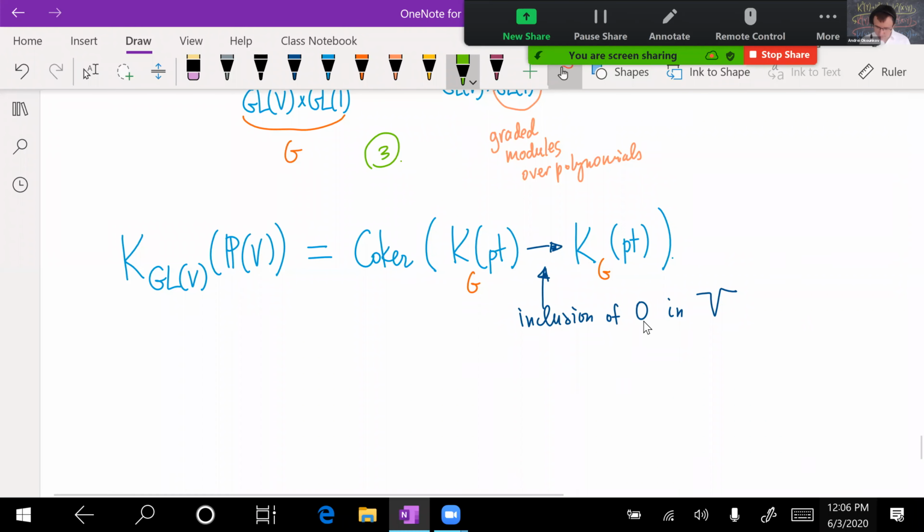And now this is the third step, and I ran out of time a while ago. The most beautiful step is that there is a classical resolution. You can use the Koszul resolution.